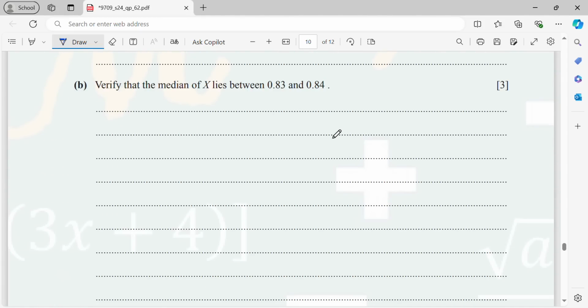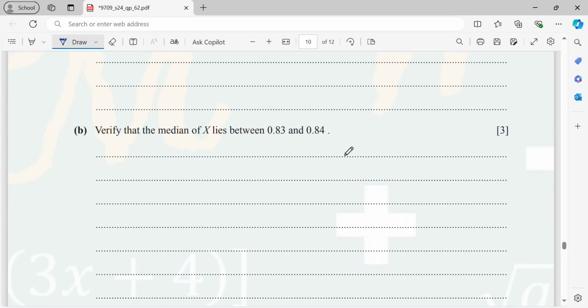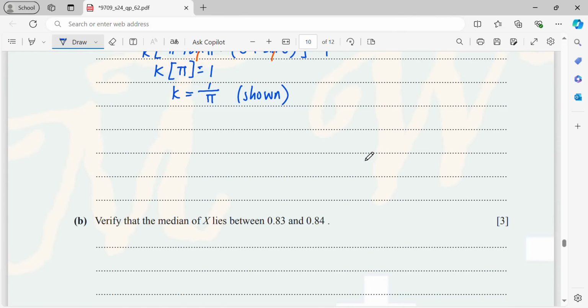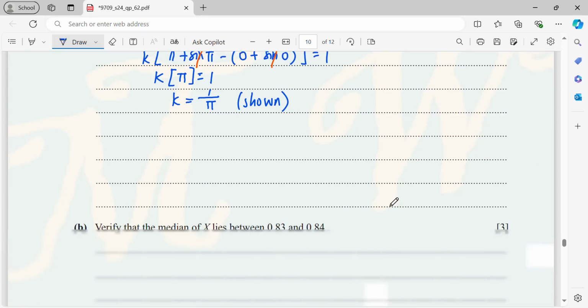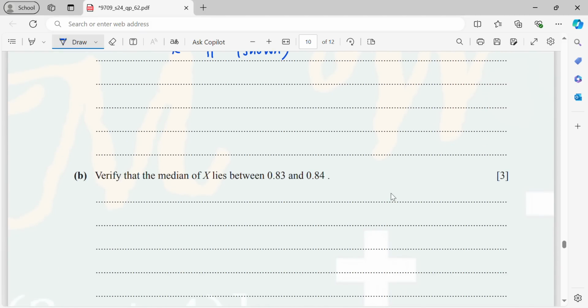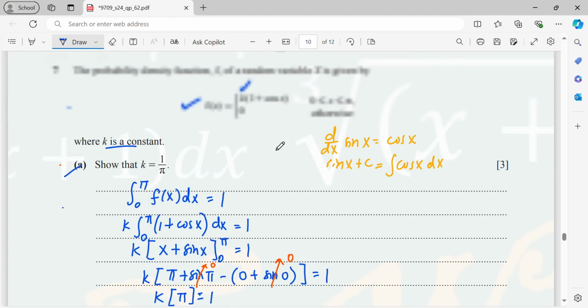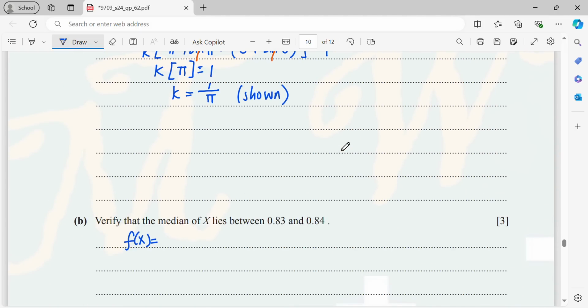B. Verify that the median of x lies between 0.83 and 0.84. So, verify means that you need to just replace the value, okay? Not from the definition. So, which means now, my fx, I will rewrite, instead of k brackets 1 plus cos x, now I replace my k, means that 1 over pi.